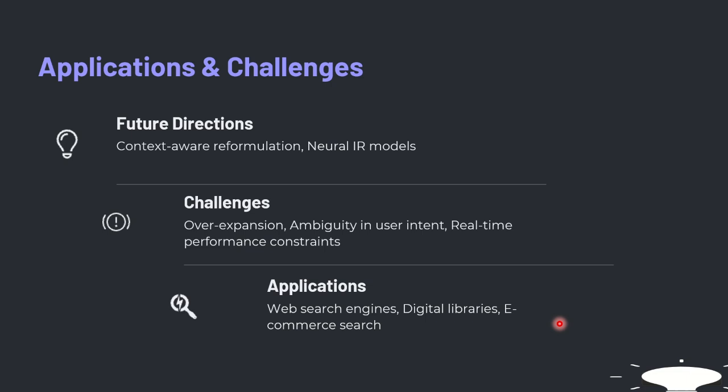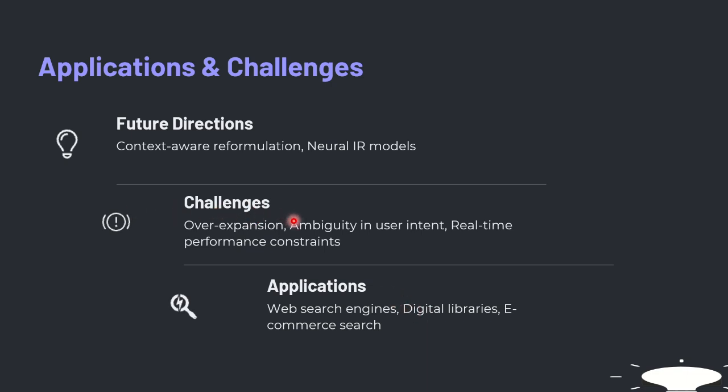Then e-commerce platforms like Amazon, where search reformulation can directly affect the sales of the company, so it is quite important there. Then digital libraries, where academic terms need precise interpretation. The perfect example for this one is Google Scholar or IEEE databases, etc.